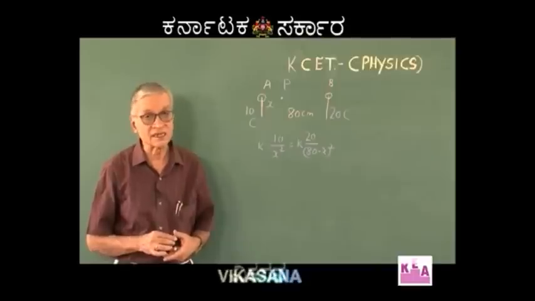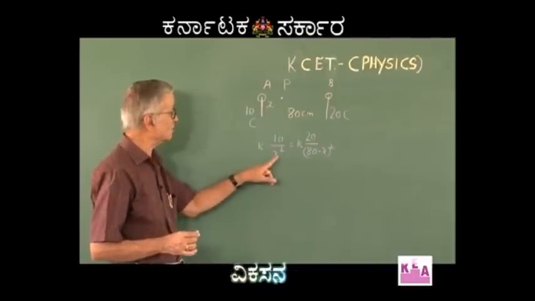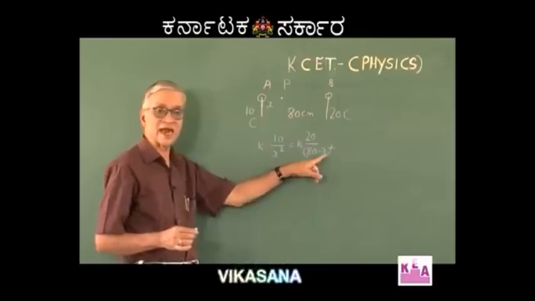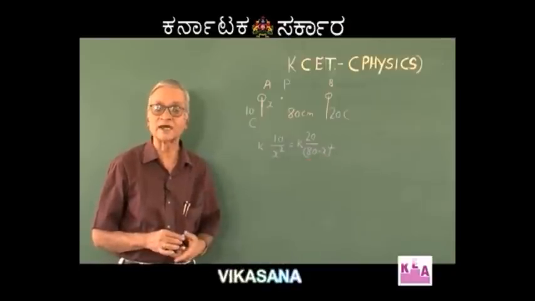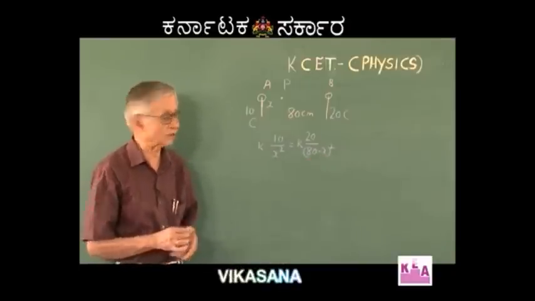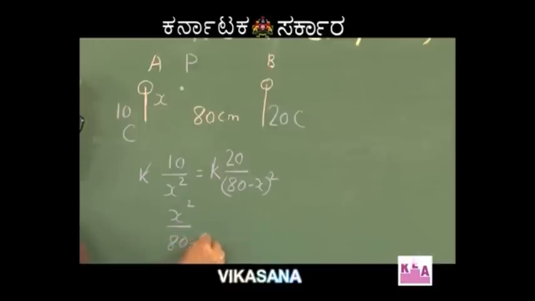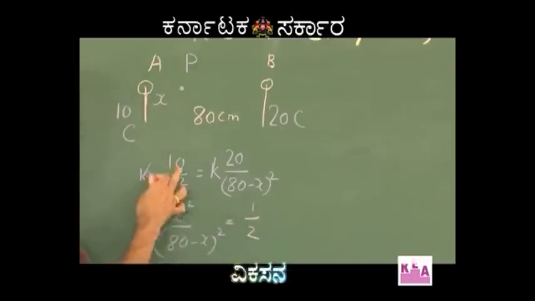Answer is yes, because the conversion of centimeter into meter will be common in both LHS and RHS in the denominator, and that gets cancelled out. Cancelling k and k, one can notice that x square divided by 80 minus x whole square is equal to 1 divided by 2. Note, 10 by 20 equals 1 divided by 2.